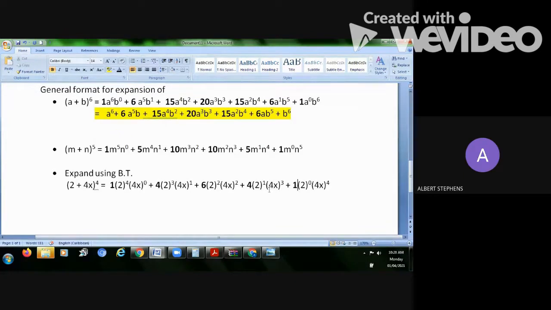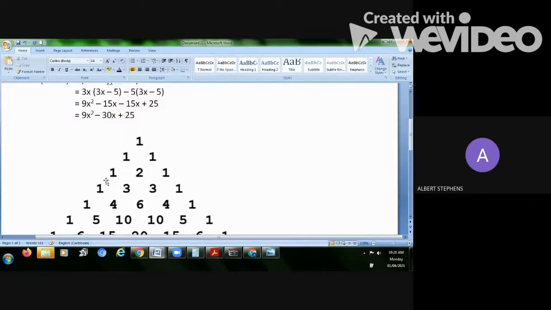Look again at the triangle. Remember, the first one is not n equals 1. The first one is n equals what? 0. So 0, 1, 2, 3, 4.